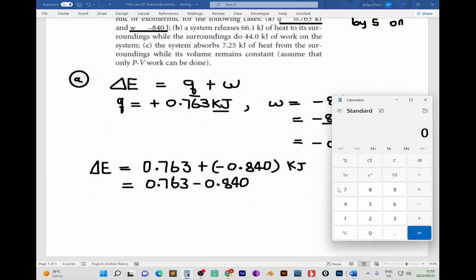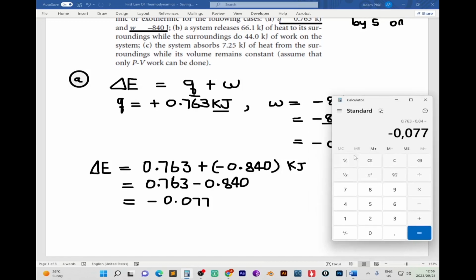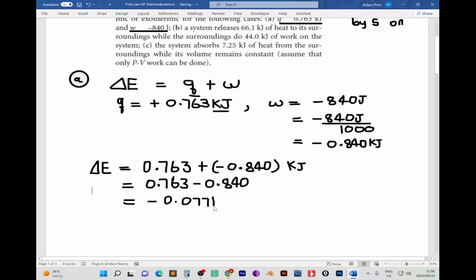Let's go through it. 0.763 minus 0.840 gives us negative 0.077, and our unit once again, that's our confirmation, is kJ.